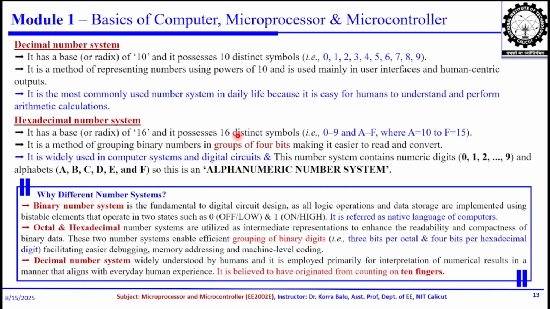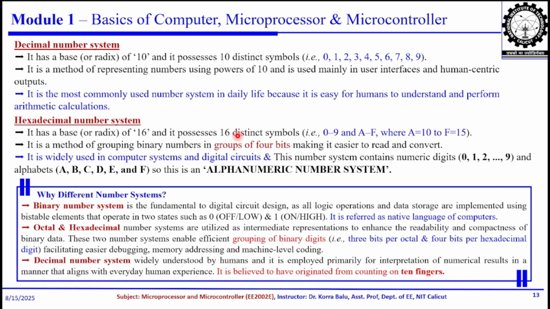So here, the native language of computers is binary, represented by zeros and ones, and octal and hexadecimal numbers represent powers of 2: 2 to the power of 0, 2 to the power of 1, 2 to the power of 2. 2 to the power of 0 is 1 bit, 2 to the power of 1 is 2 bits, and 2 to the power of 3 is 8 bits.